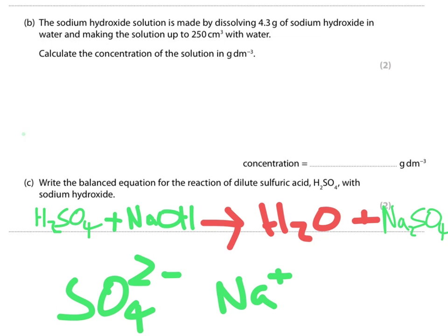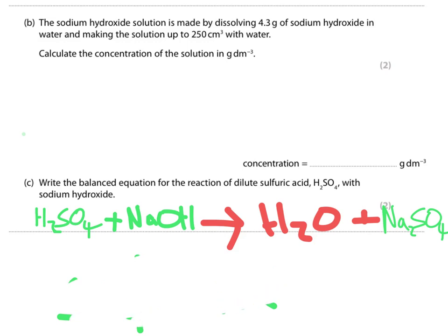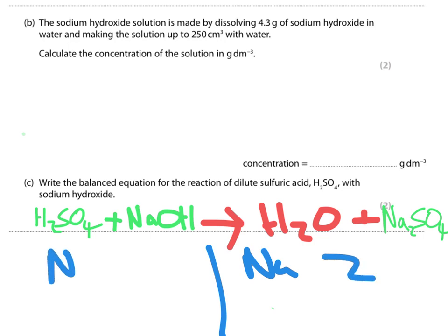So you can see how you've got 2 sodiums on the right hand side. I'll do a little line going down here. So you can see you've got sodium, we've got 2 over here, sodium, you've got 1 over here. So how can we make them the same? Well, if we put a big 2 here, now we've got 2 sodiums. Okay, now we need to check the oxygens and the hydrogens, all that makes sense.